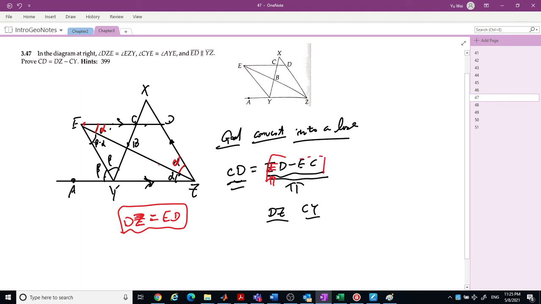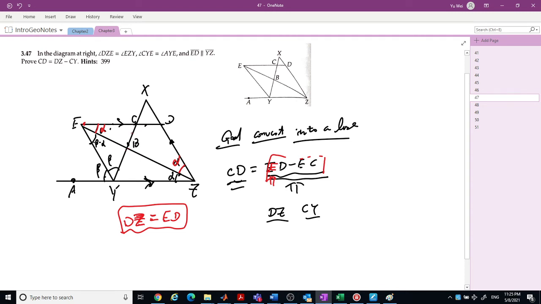Now the rest is we want to see what CY is versus EC, right? Let's do further analysis.